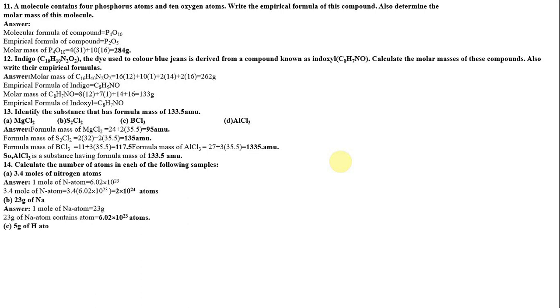C, 5 gram of hydrogen atoms. 1 gram of hydrogen atoms is equal to 1 mole of hydrogen atoms. 5 gram of hydrogen atoms is equal to 5 moles of hydrogen atoms. 1 mole of hydrogen atoms contains 6.02 into 10 raised to power 23 atoms, and 5 moles of hydrogen atoms contains 5 multiplied by 6.02 into 10 raised to power 23, that is 3.01 into 10 raised to power 24 atoms.